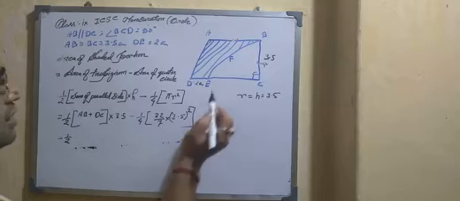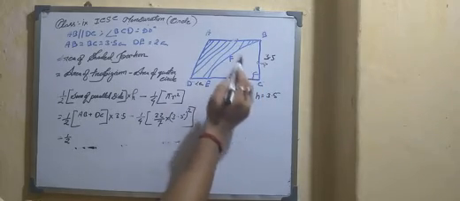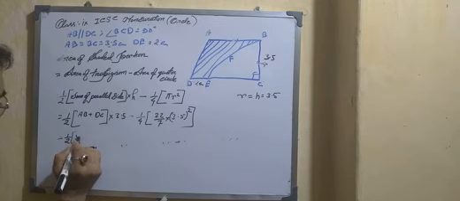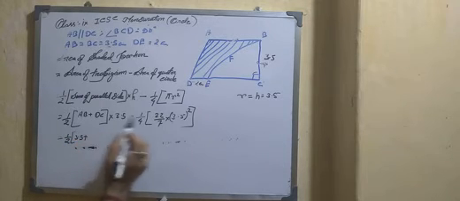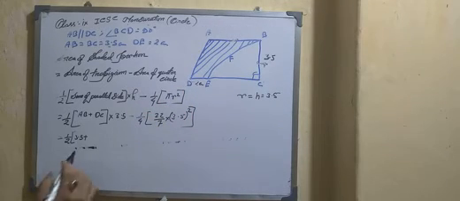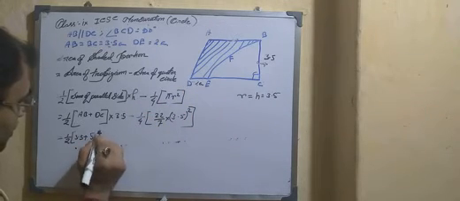Now AB plus DC. AB is 3.5, it is given. DC is 3.5 plus 2 centimeter, that means 5.5.